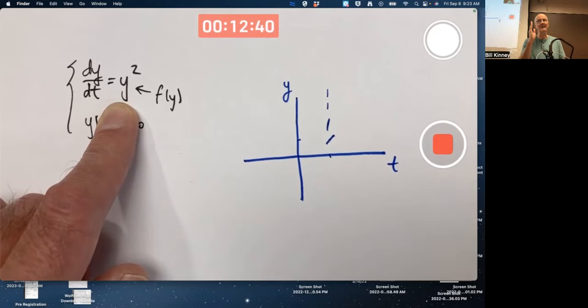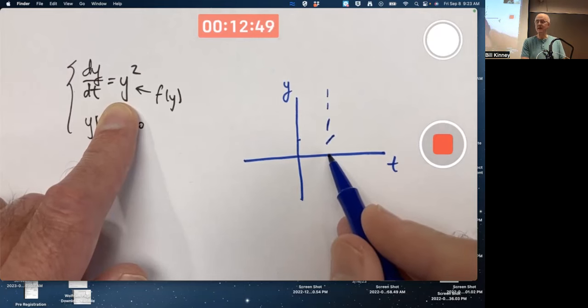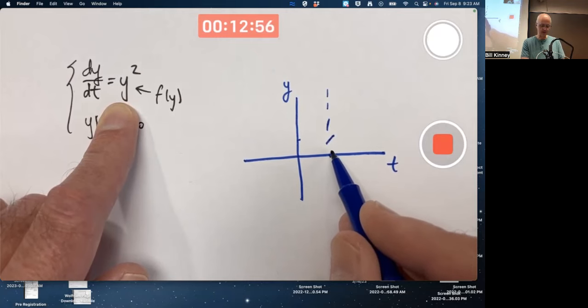Never are they vertical, but once you're high enough, they're going to look vertical, right? Because they're going to be so steep. When y gets close to 0, say a half, y squared, 0.5 squared is 0.25. Your slopes are still positive, but they're getting pretty close to 0.